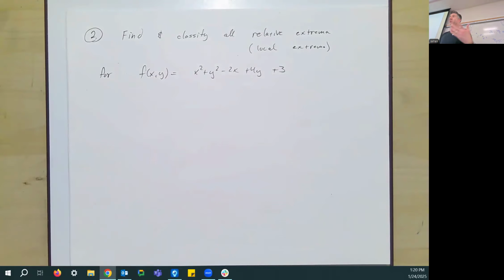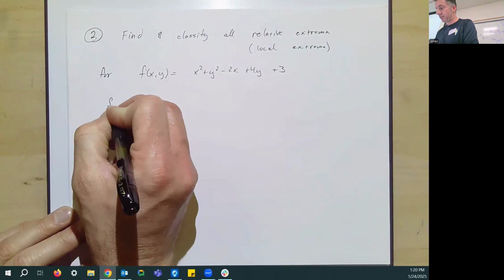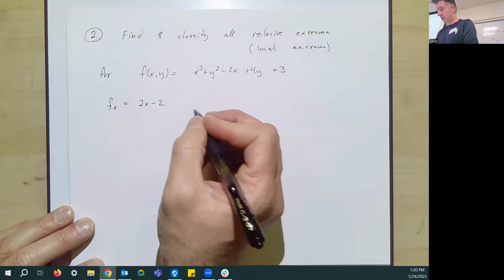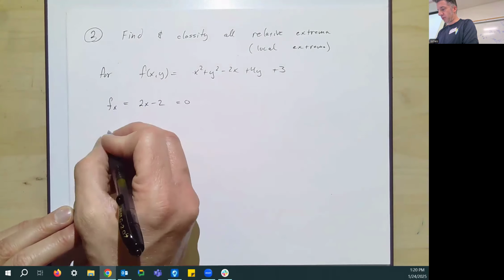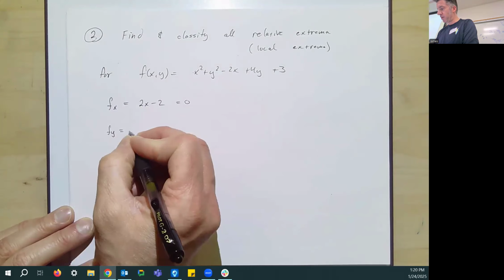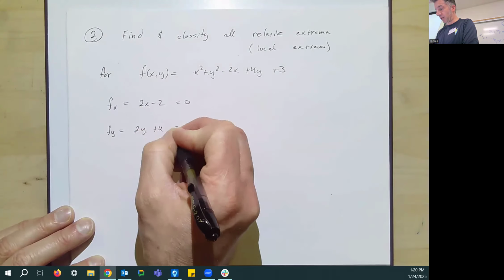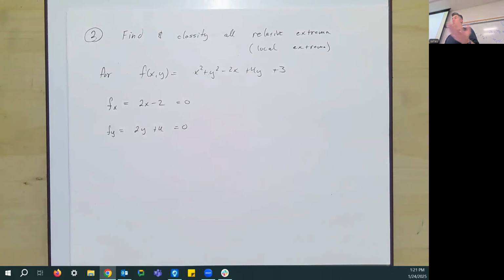And so here's the typical process for doing this first part. We're finding the critical points. So take your partial with respect to x, which is going to be 2x minus 2, and set it equal to 0. Similarly, take your partial with respect to y, which is 2y plus 4, and set it equal to 0. And then solve. Now, in this example, it's really straightforward.